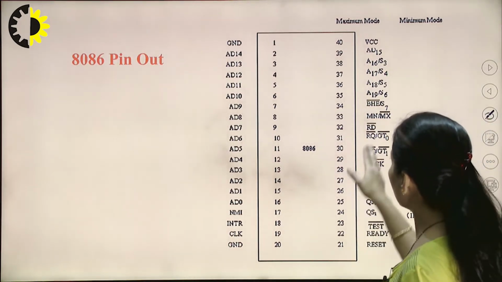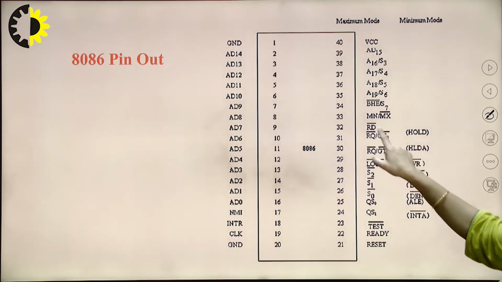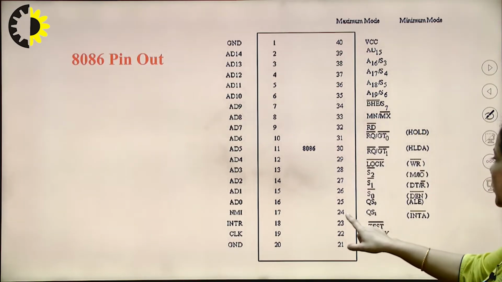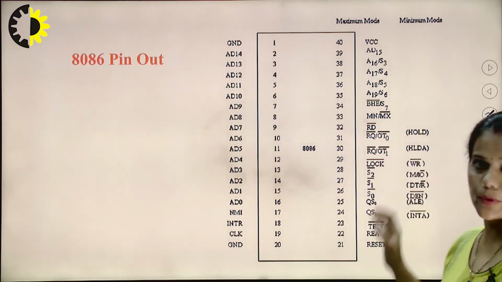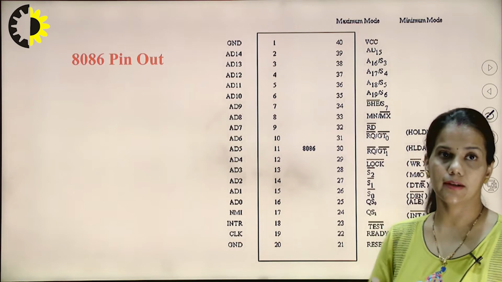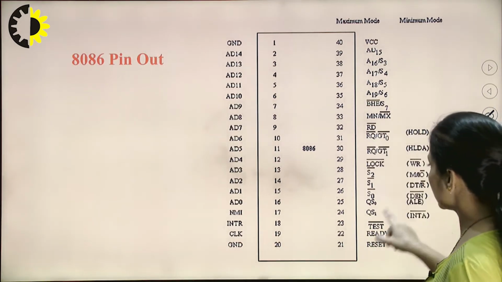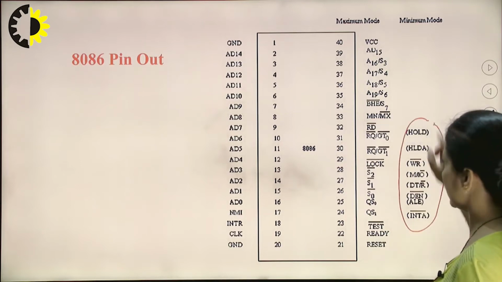And these are the two categories of signals, ranging from pin number 31 to pin number 24, which have been categorized according to the operating mode of 8086. So the pins for the maximum mode are these, and the pins for minimum mode are these.